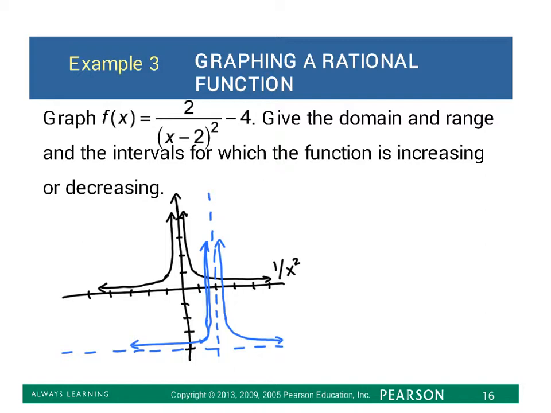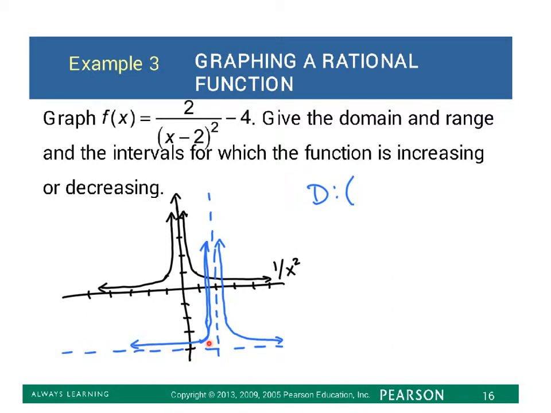And now the domain and range for this. So the domain for this one, looking from left to right, you can see it begins at negative infinity and then goes to this asymptote. Asymptotes, whenever stating domain and range, are key to stating them correctly.